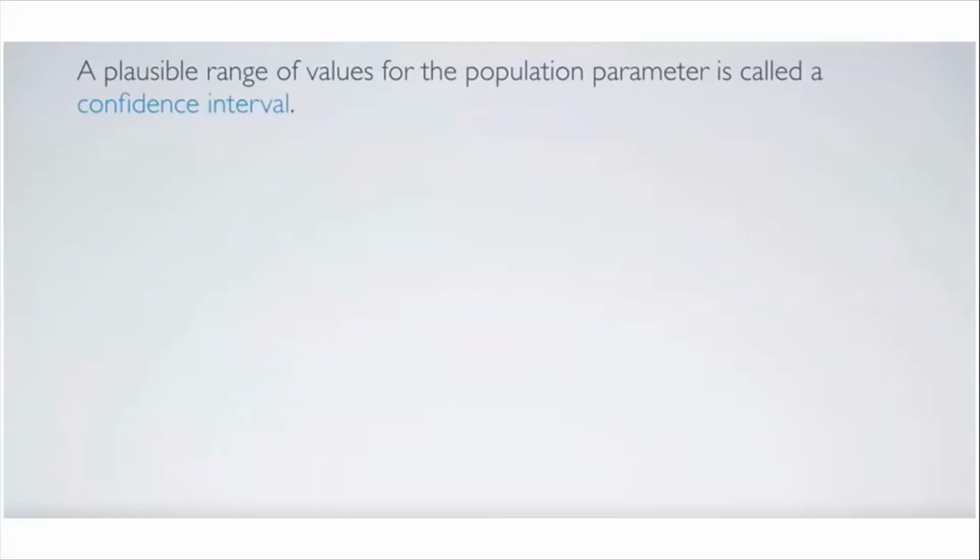But we don't want to know about the sample, we want to know about the population. So we need to estimate the population based on our sample. So we need to generate a plausible range for the population parameter. This range of values is called a confidence interval.